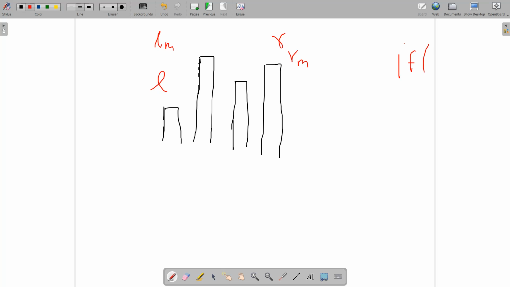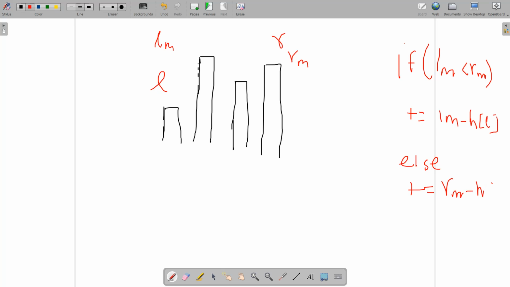Now, the following condition, I'm first writing it down, then I will explain how it happens. If LM is less than RM, we are going to increment our answer by LM minus height of L. Otherwise, in the else condition, we are going to increment our answer by RM minus height of R. Note that we also need to move our pointers.